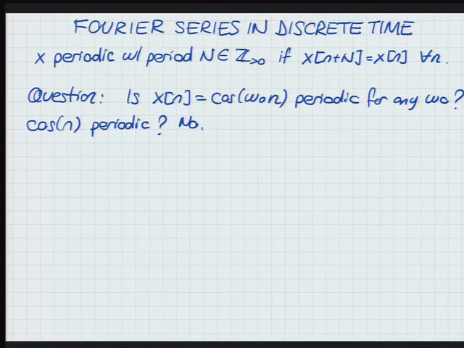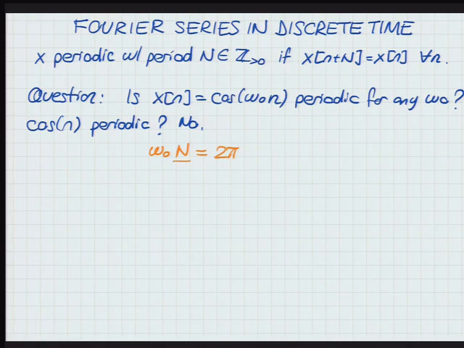You need some pi in there, right? You need a pi in there so that at some integer value of little n, you get an integer multiple of 2 pi. So basically, for this to be periodic, what we need is that omega 0 times N, our candidate for a period, needs to be 2 pi or an integer multiple of 2 pi. If you can get away with making this equal to 2 pi with an integer N, you're done.